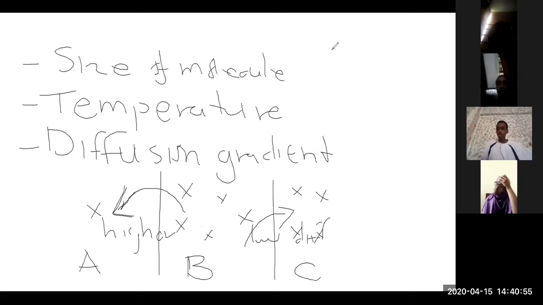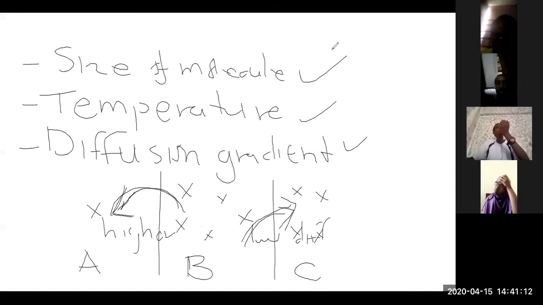So we expect more diffusion here than there because of the difference in concentration. Those are majorly the 3 factors that affect diffusion under physics. We have others in biology, but here we are concentrating on physics.